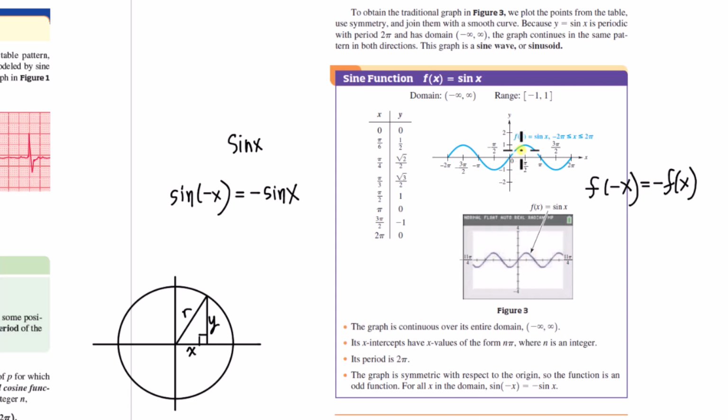If you pick any point, let's pick a point over here, and you flip about the x and the y, you're back on the graph. So you could take any point x, y on the sine curve, with x and y positive, negative, whatever, as long as it's on the graph, and multiply the x coordinate by -1 and the y coordinate by -1, and you will be on the graph. That's the meaning of an odd function.